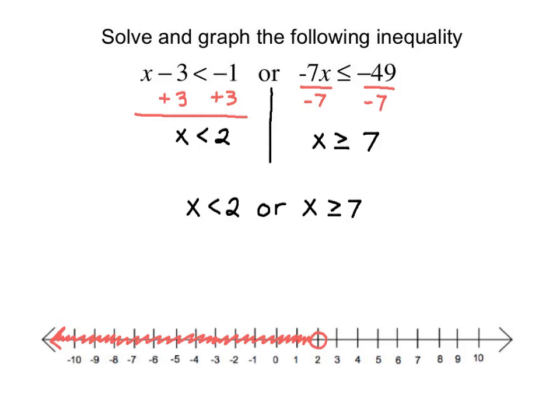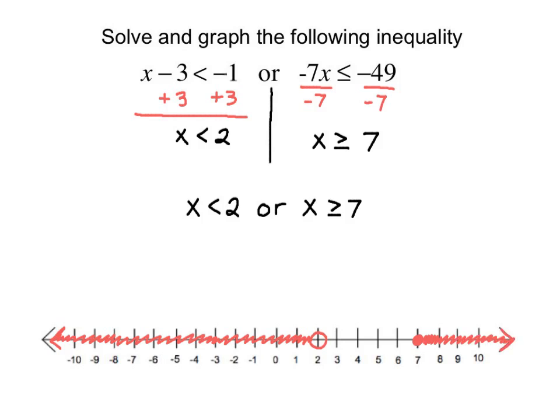And now the second inequality, you see, is x is greater than or equal to 7. And this is the important thing. Because it's OR, I'm simply keeping both sets of solutions. So I'm going to go up to the 7. Because this one is greater than or equal to, I'm going to fill in the 7. I'm counting the 7 as part of the solution. And then everything to the right is a solution because this is greater than or equal to.